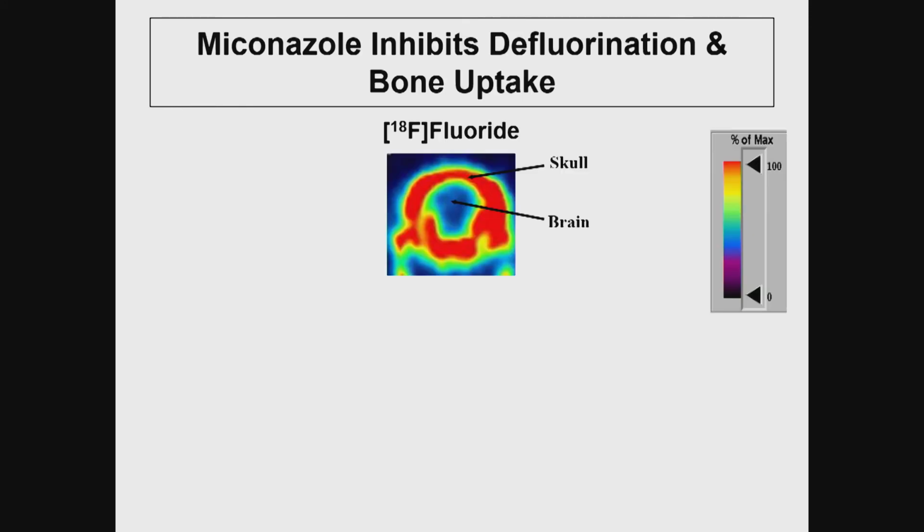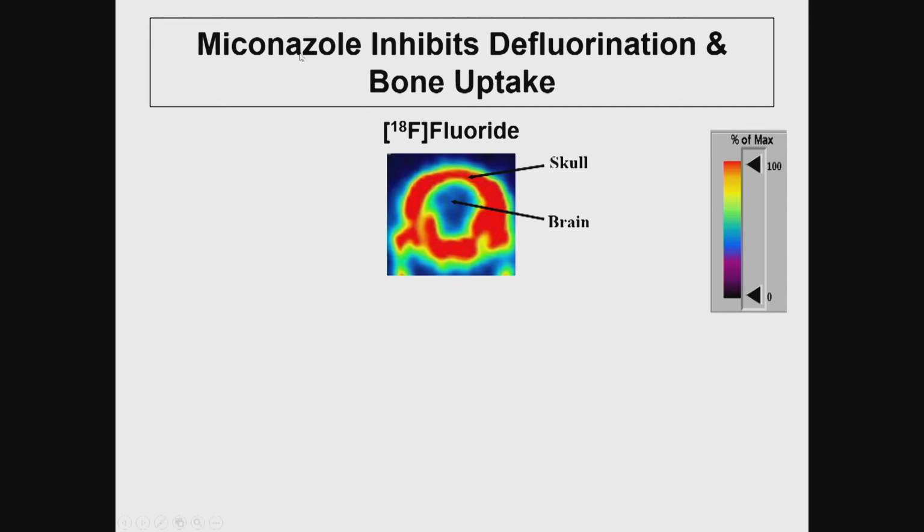So one of the mechanisms of defluorination is a cytochrome P450 enzyme, CYP2E1, if I've gotten that correct, a defluorinating enzyme in the liver. So we wanted to see if miconazole, which is known to inhibit this enzyme, would be able to inhibit radioligand defluorination and decrease bone uptake.